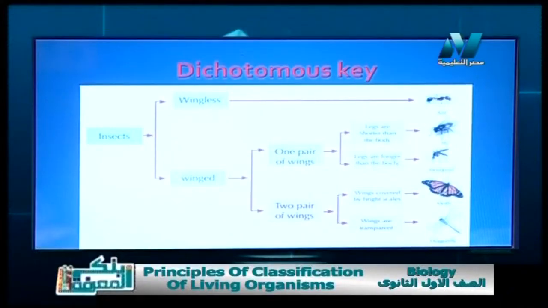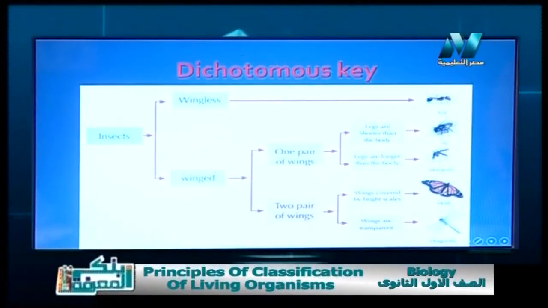Now we have an example of classification, which is called the dichotomous key. The dichotomous key depends on classifying the group into two groups. Each time we divide them into two groups according to a certain principle or characteristic.